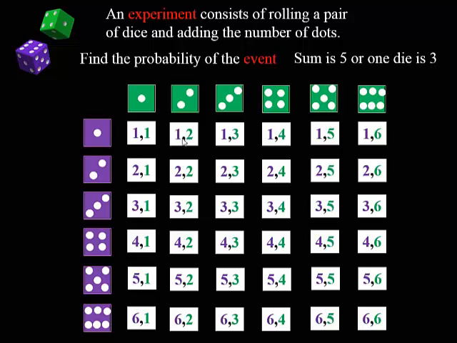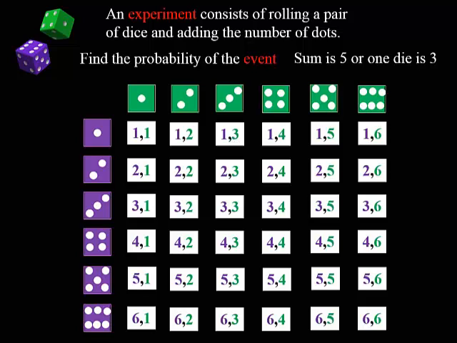And how about the second one? Is the sum 5 or is one of the die a 3? No. Third one, 1, 3. Is the sum 5? No. Or is one die 3? Yes, it is. The green one is a 3, so we would count that one. And so on.